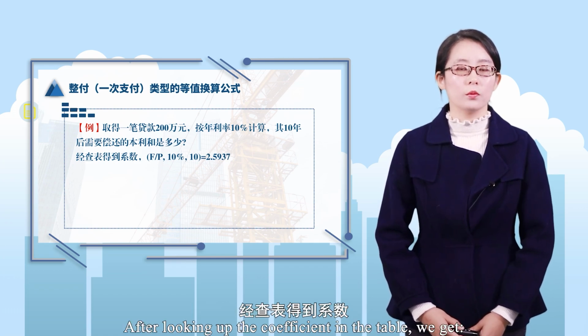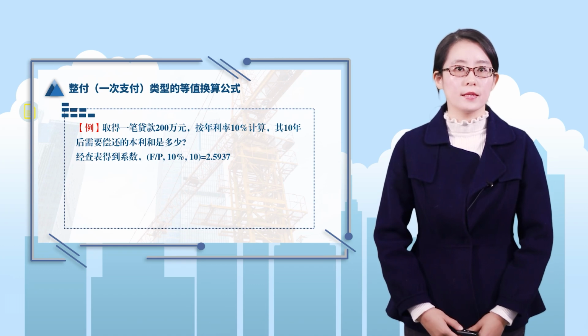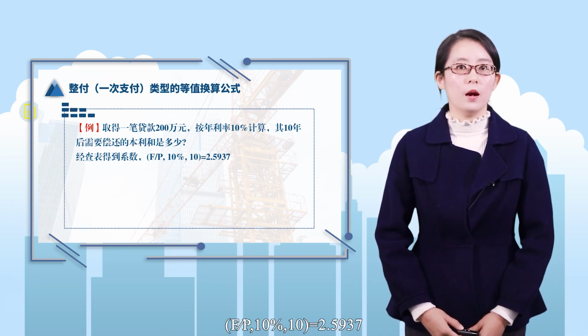After looking up the coefficient in the table, we get (F/P, 10%, 10) equals 2.5937.